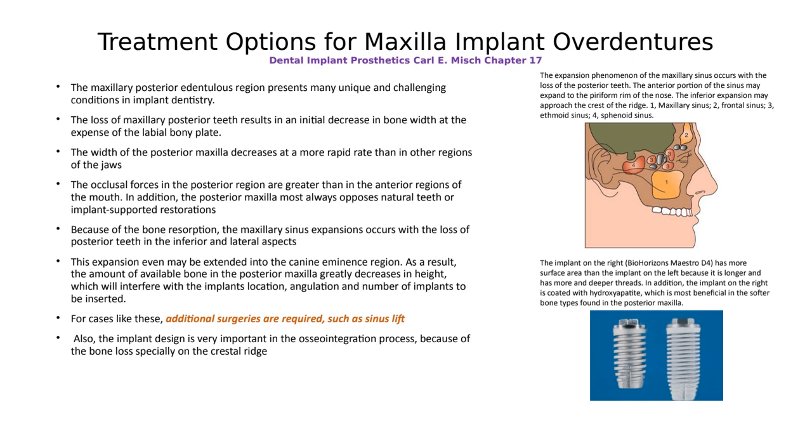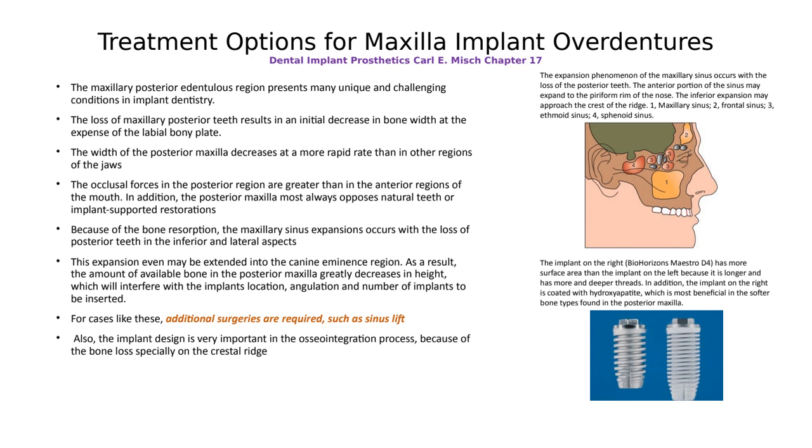In certain cases, especially for maxillary overdentures, some treatment might require additional surgeries, such as a sinus lift, right? It also might require a different type of implants used for retention, all right?